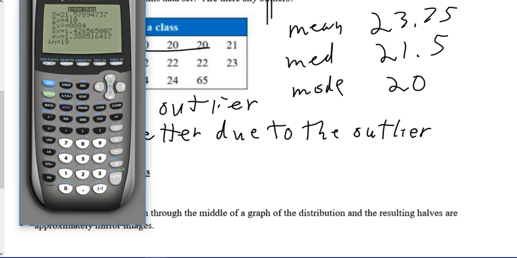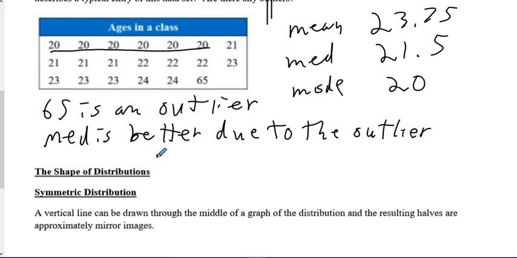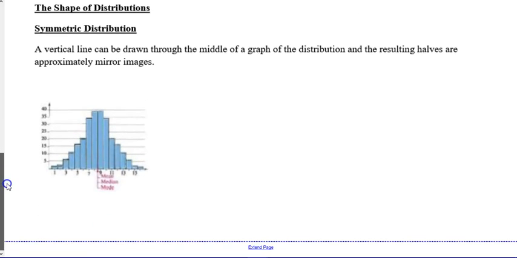Look at that, 21.57. So when you take the 65 out, now what's the new median? 21. So the median doesn't change much, but the average comes down way closer to that. So good to know.